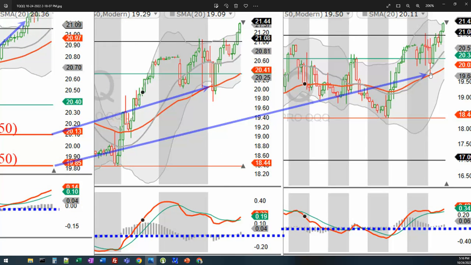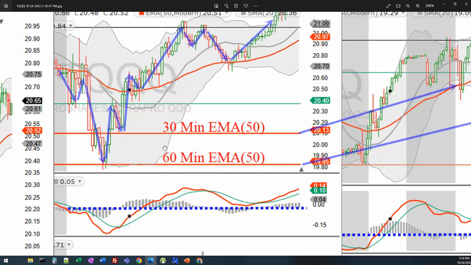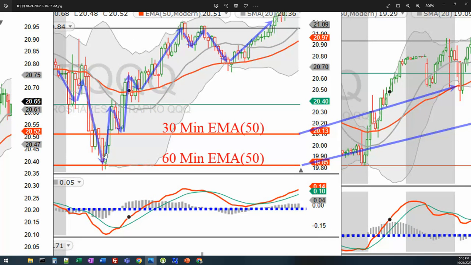Look at that beauty. That wick perfectly touched the 65-minute EMA 50, and just bounced off it like a basketball. Touched it. Boop, up.